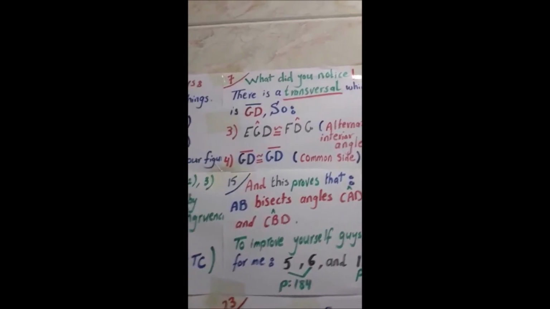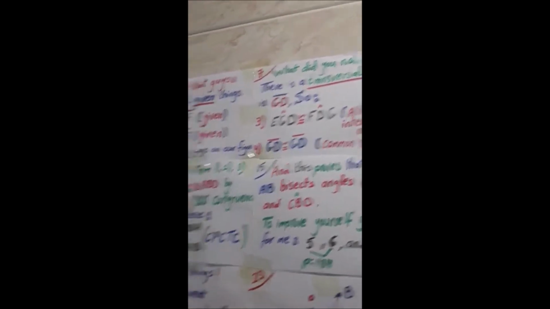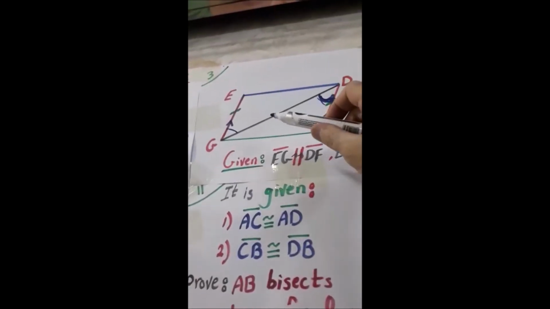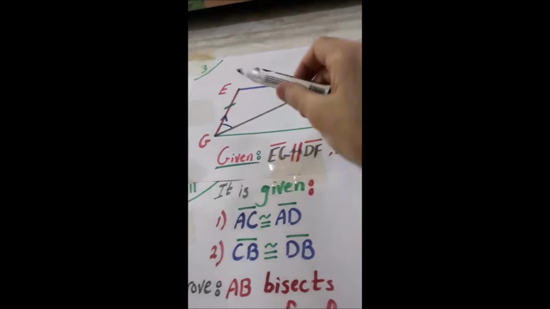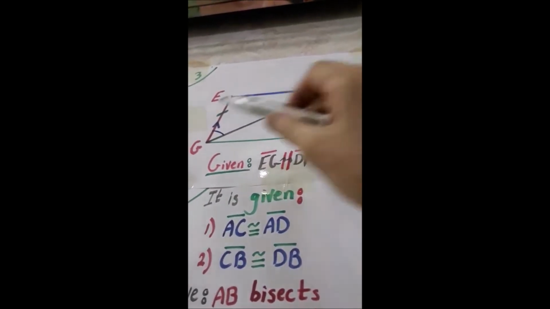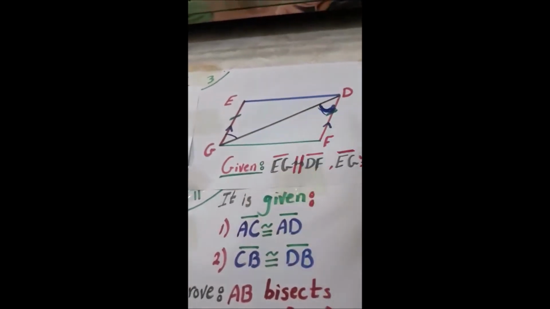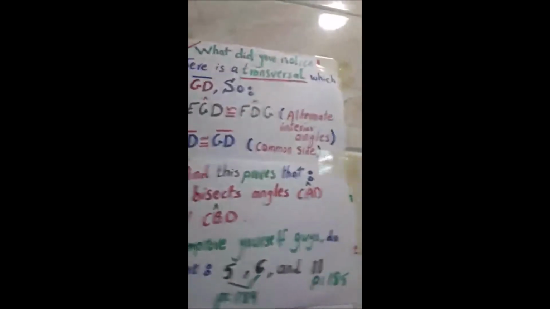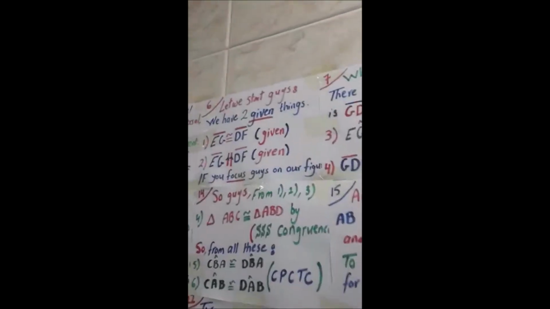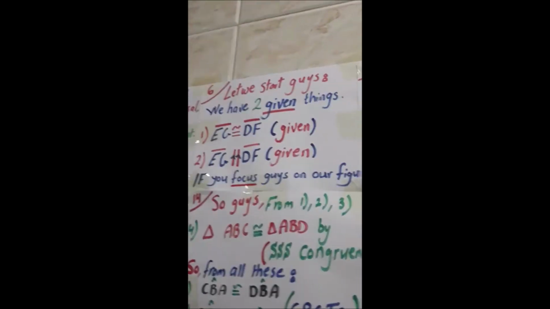So, number four, we have GD is congruent to GD, which is the transversal. Of course, we are talking about the triangles GED and FDG. GD is congruent to GD, the common side. So till now, number one and number two are given.